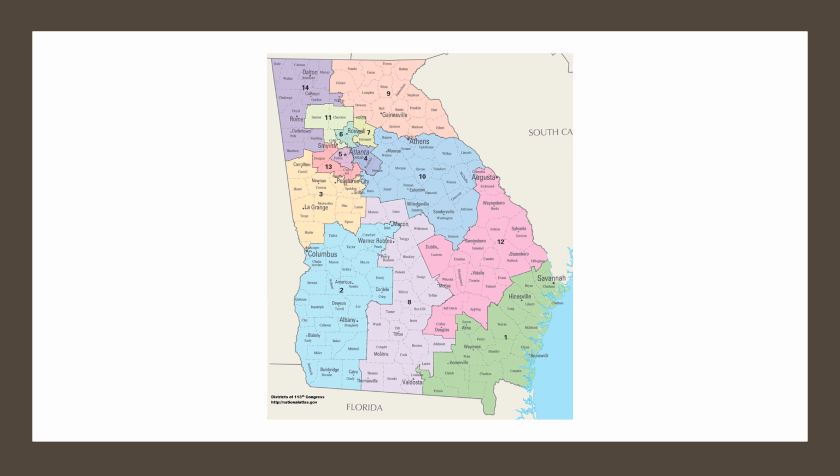What was done by this gerrymandering is Republican lawmakers were like, listen, we know that District 2, which has a very high African American population, also has the big cities of Columbus and Albany, several highly populated areas. We know it's going to be tough for Republicans to compete there.